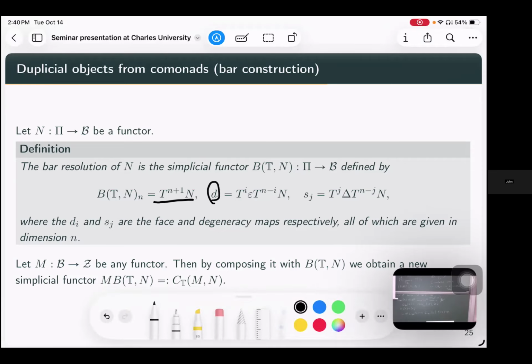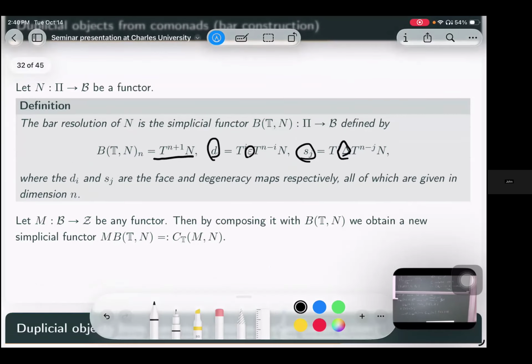That is, if you want to contract, you apply the epsilon to kill. If you want to expand the terms, that is, go from a lower degree to a higher degree, you then apply the sj's, and you apply the delta in the required position. And as you know, our di's and our sj's are the face and the degeneracy maps respectively.